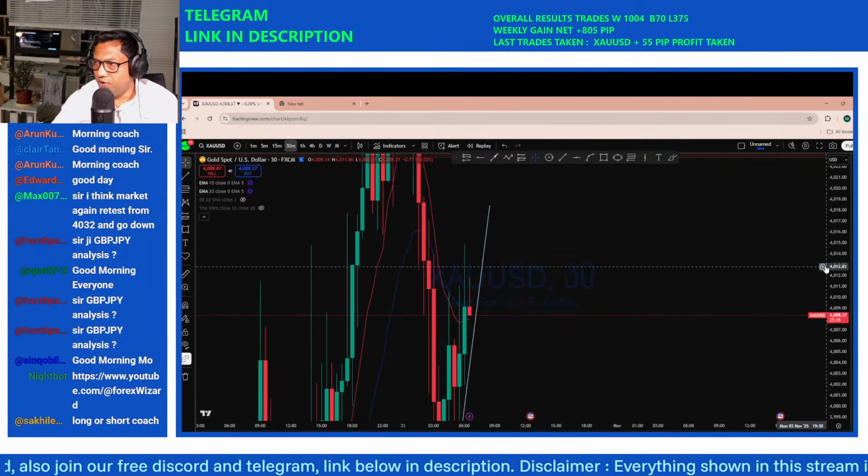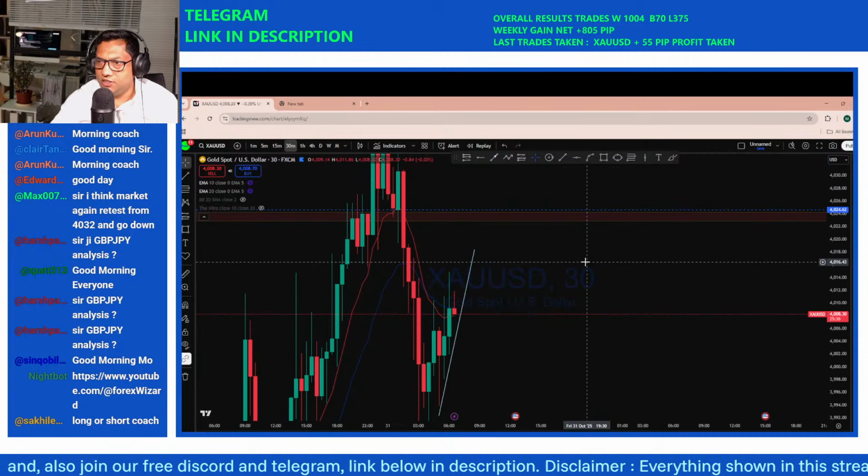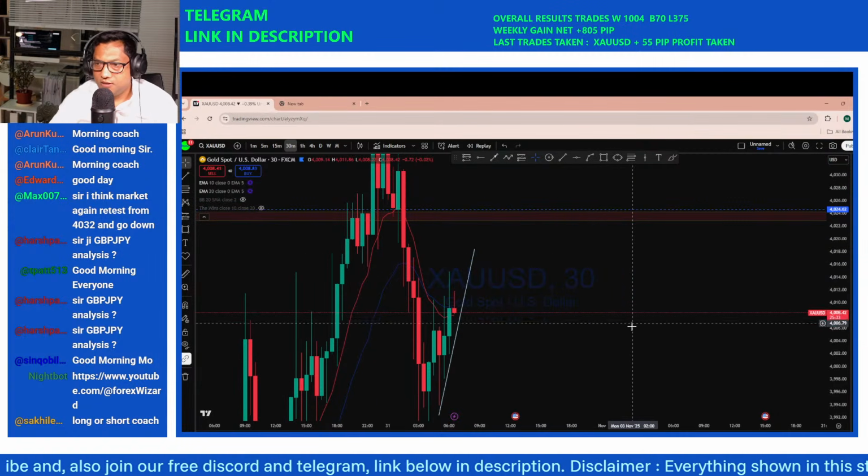So if you look here, a long wick doji is being formed in this area.